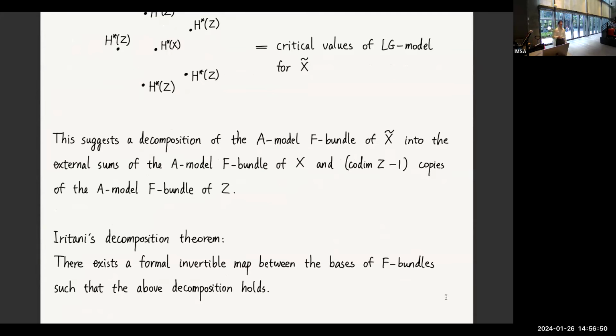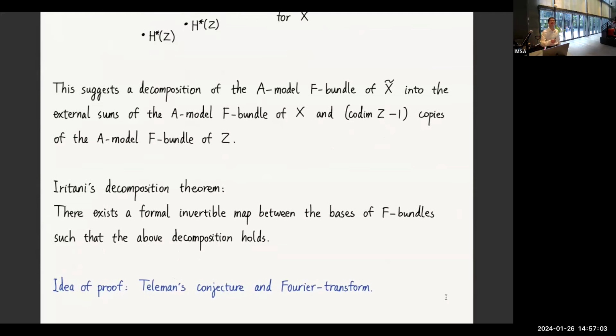As far as I understand, at least as written in Hiroshi's paper, this map is not that explicit in the construction. So we will hear the ideal proof in Hiroshi's talk.